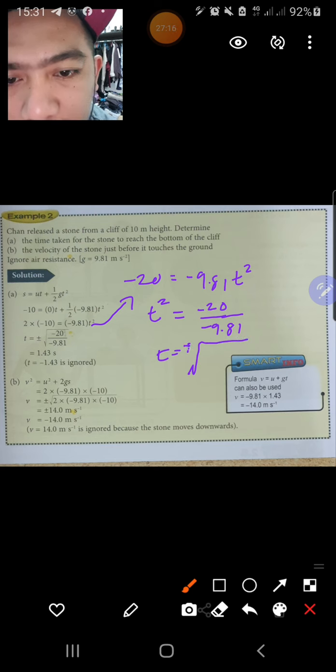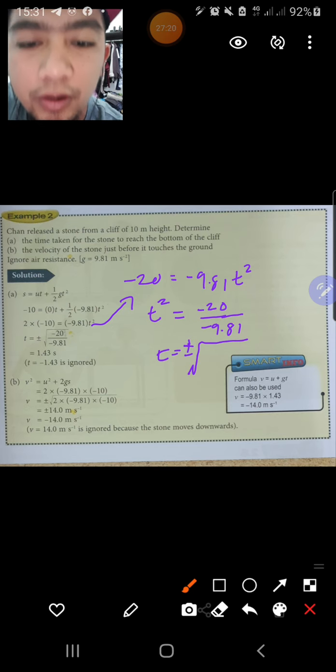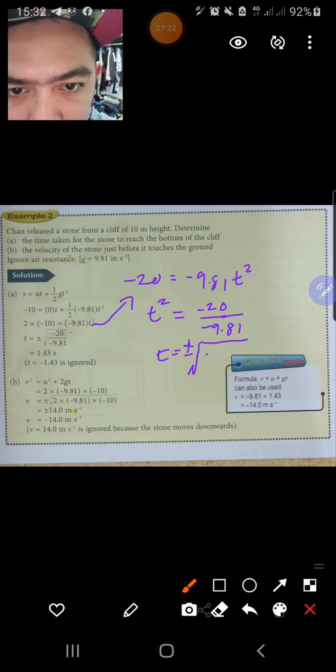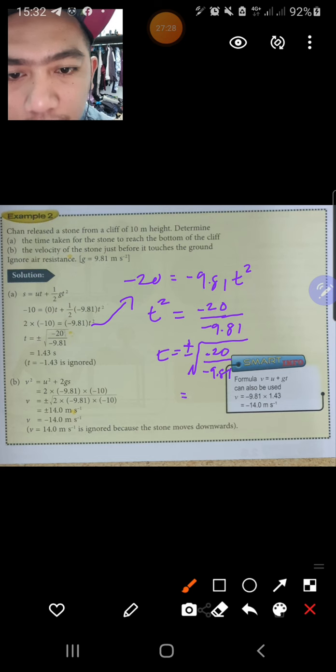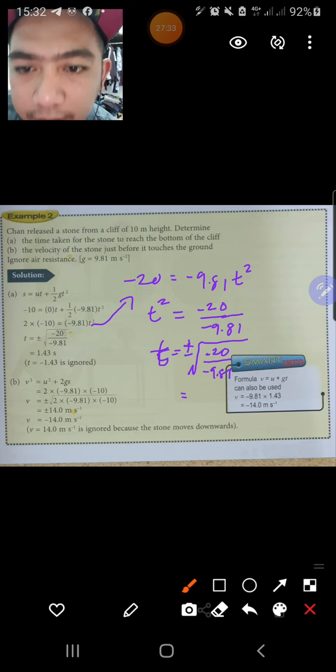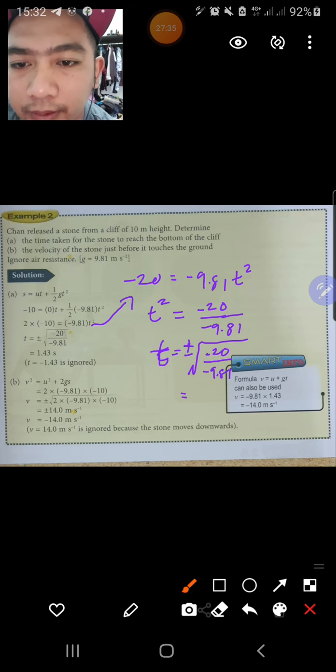You must put plus minus because there are two possibilities of answers. Negative 20 over negative 9.81. Just press your calculator and you will get two values: one is 1.43 second and another one is negative 1.43.